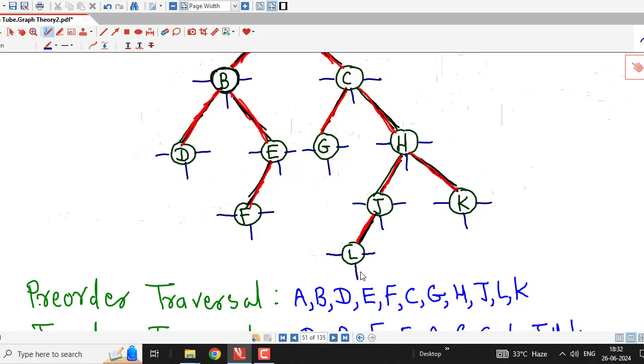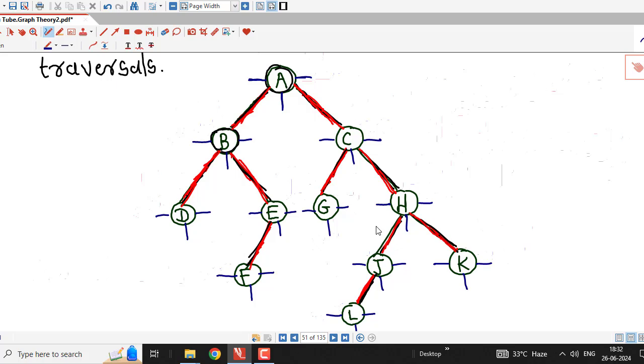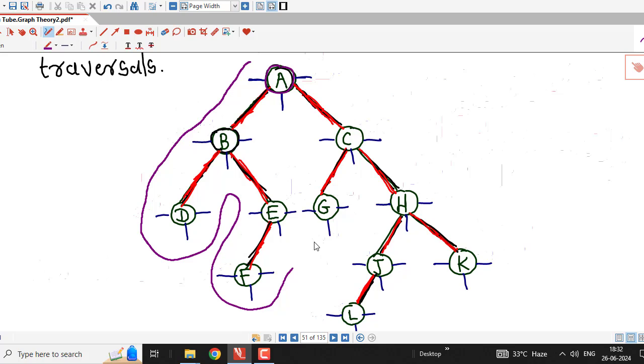Now what is this short method is that we have to consider a closed curve starting with vertex A and ending with vertex A. That is, we will start that closed curve, which will traverse all the vertices in this way.